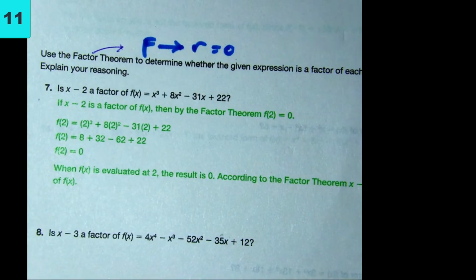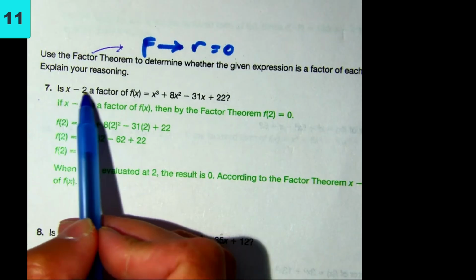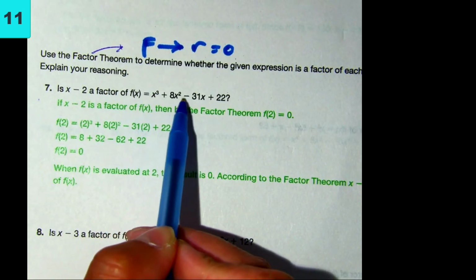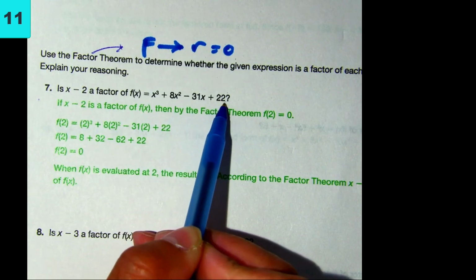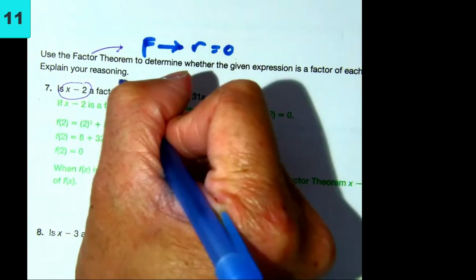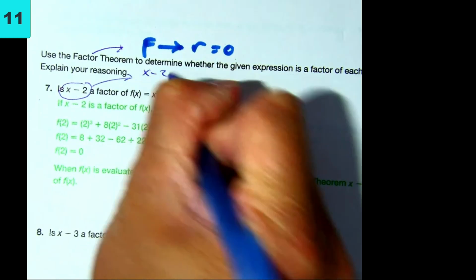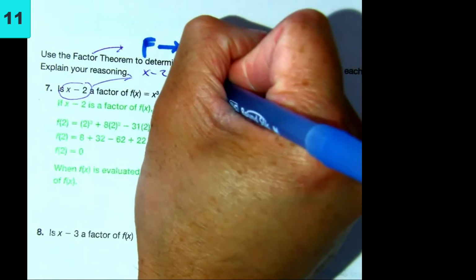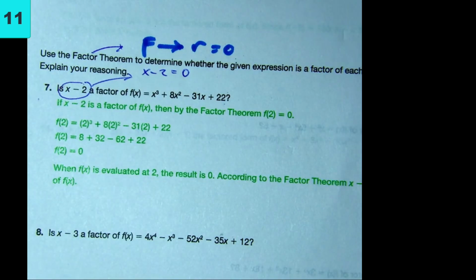Okay? I want to explain this worked out example. Is x minus 2 a factor of f of x equals x cubed plus 8x squared minus 31x plus 22? Well, to transform x minus 2, I'm going to set it equal to 0. And then what do I do?